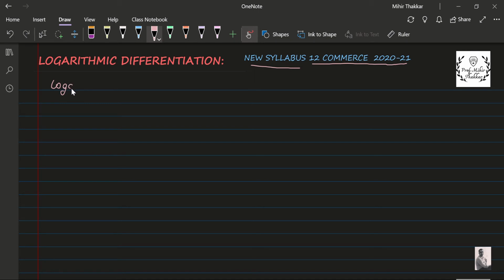Now when we talk about logarithms, the definition is: if a raised to x is equal to m, then by the definition of logarithm, I have to find the value of x.